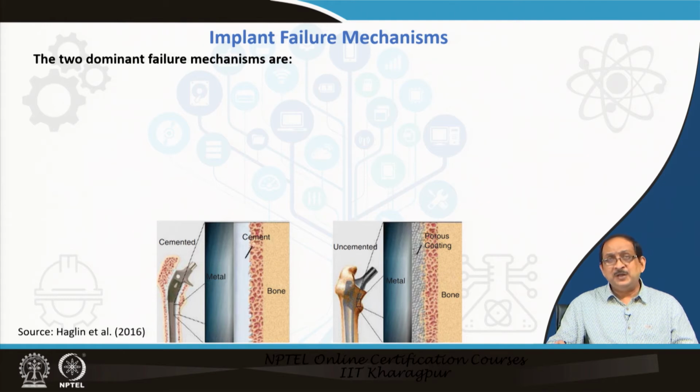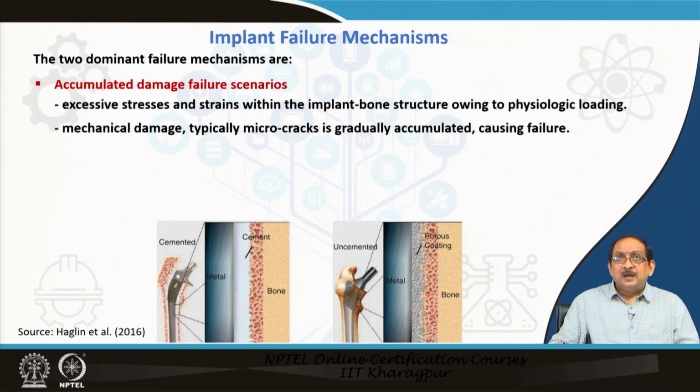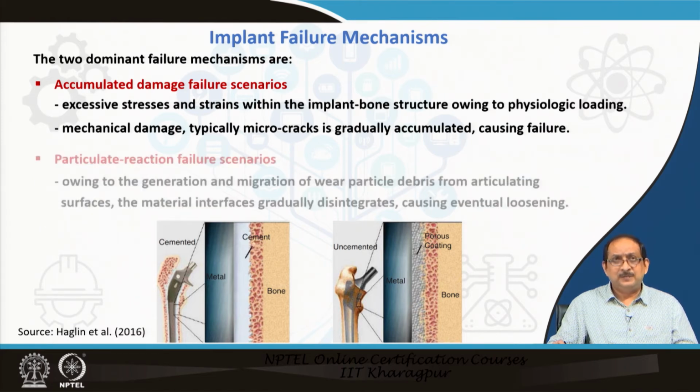Now, there are two dominant failure mechanisms as indicated by Huiskes. The first and foremost is the accumulated damage failure scenario, wherein excessive stresses and strains within the implant bone structure owing to physiological loading are generated. Mechanical damage, typically microcracks, is gradually accumulated within the implant bone structure, eventually causing failure.